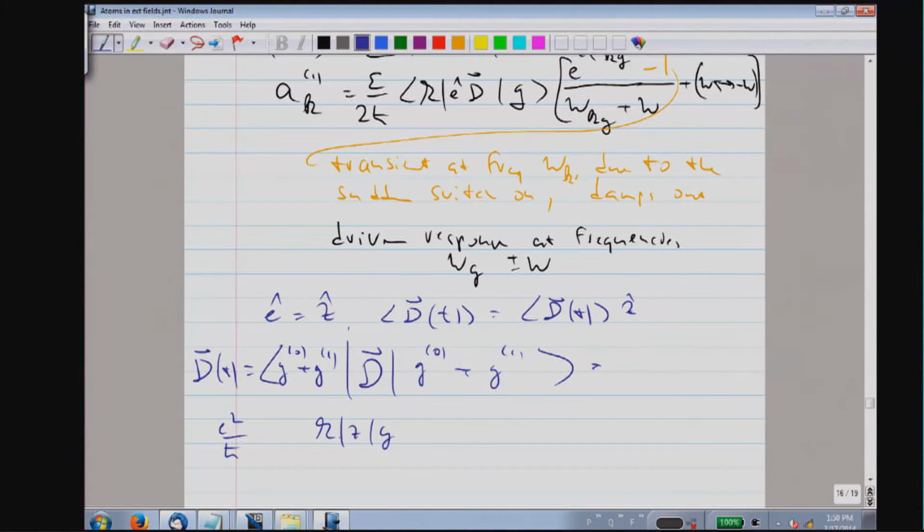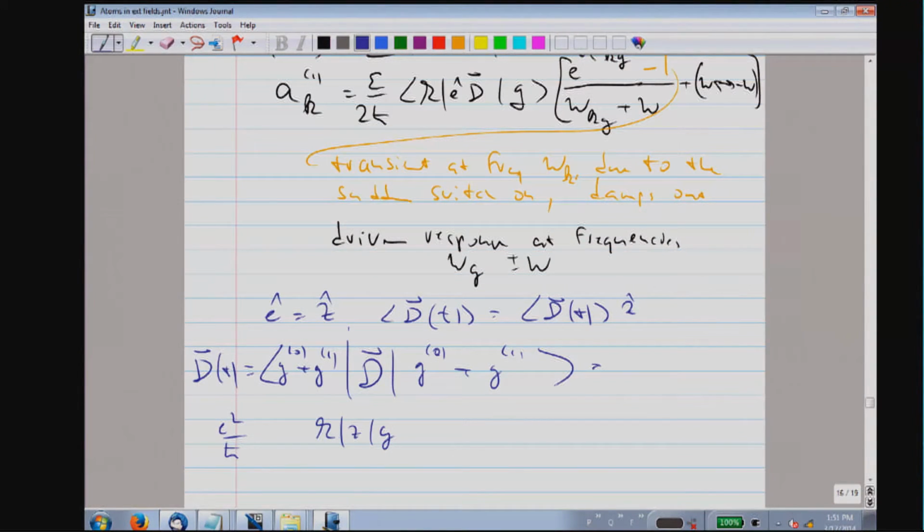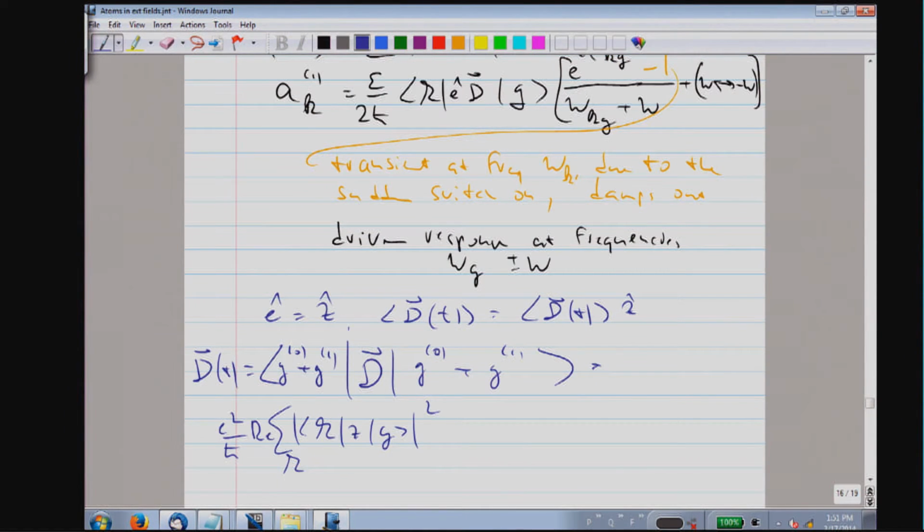Remember, we do first order perturbation theory, which is one occurrence of the matrix element, but now we take a second matrix element because we're interested in the dipole operator. So this gives us now a sum over matrix element squared. We have e to the plus I omega t and e to the minus I omega t. This means we get 2 times the real part of this expression.